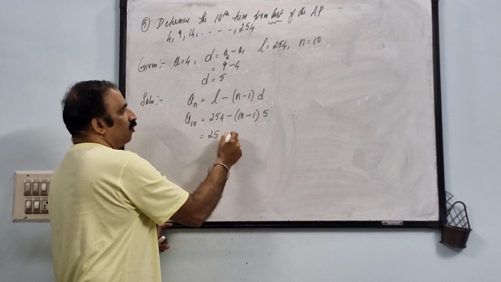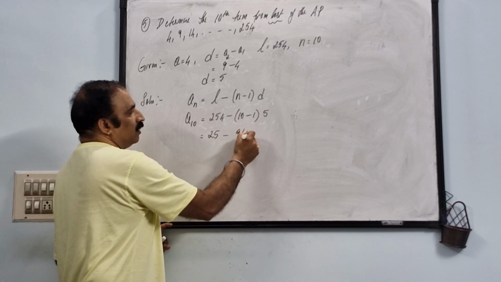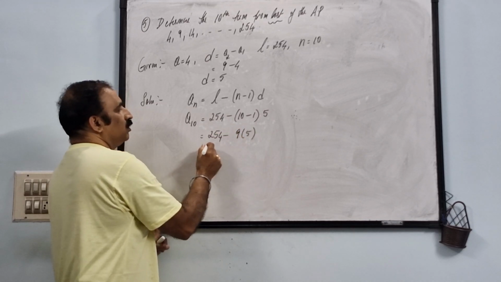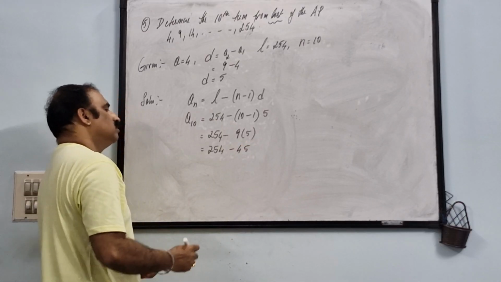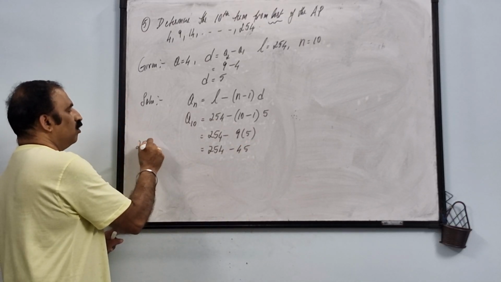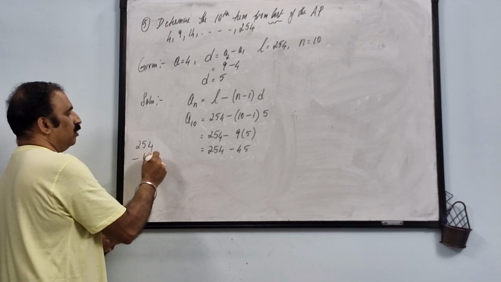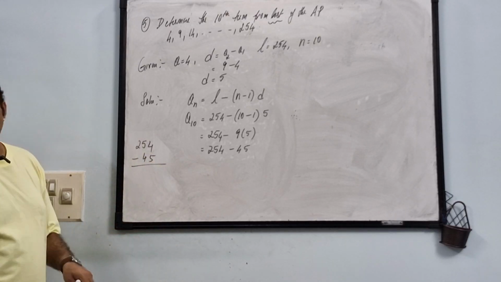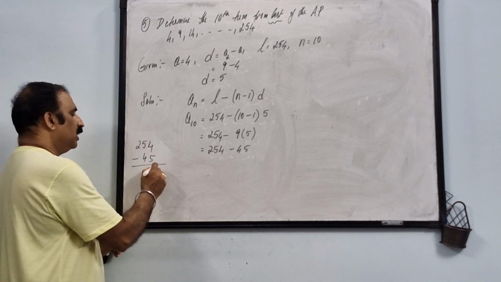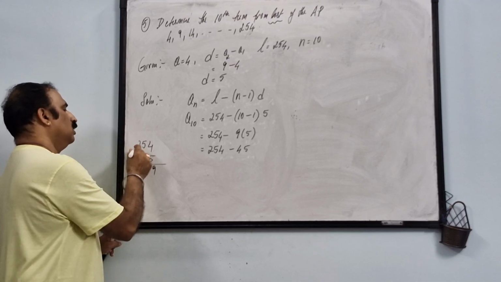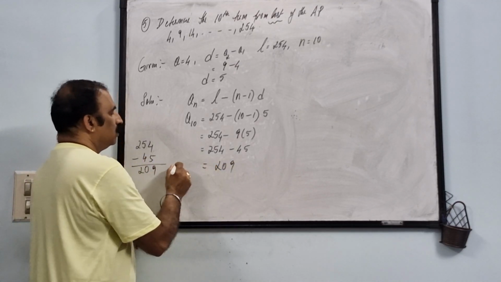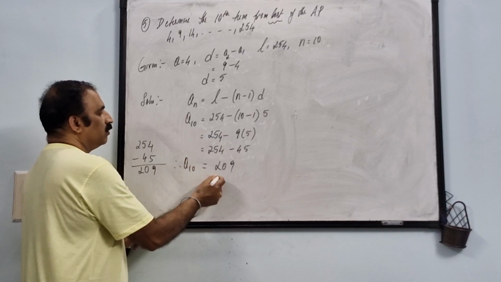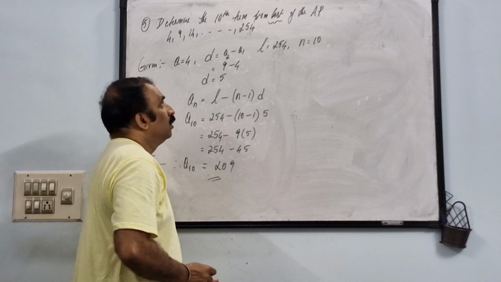So 254 minus 10 minus 1 is 9 into 5. So 9 fives are 45. So 254 minus 45. So 14 minus 5 is 9, and here 0, and this carries as 2. So the answer is 209. Therefore, a10 is going to be equal to 209.